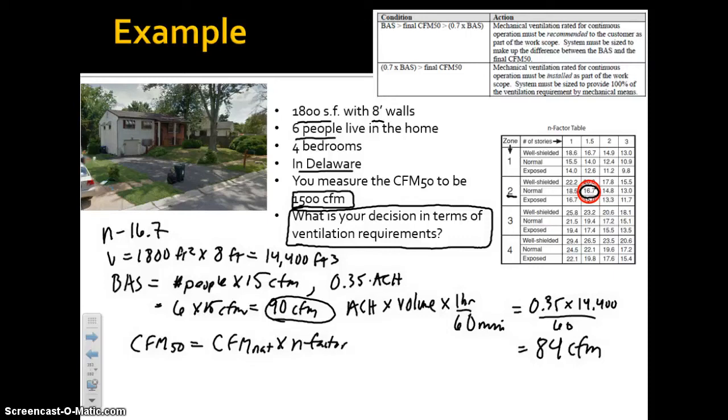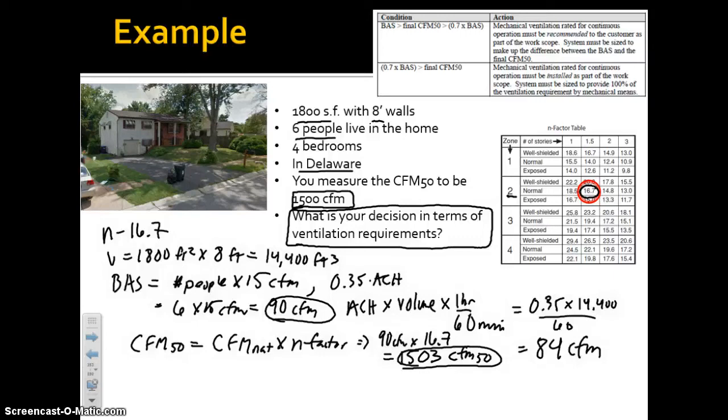So this is going to be 90 CFM times our 16.7, which equals 1503. So that's our CFM 50. So this is our BAS.